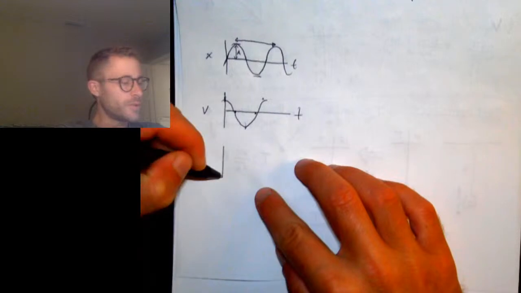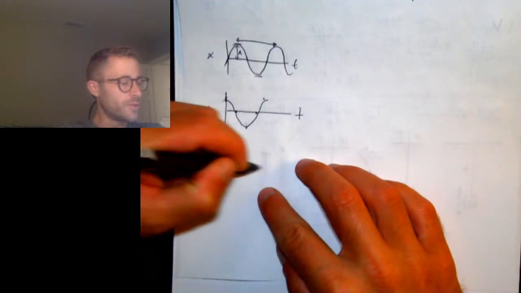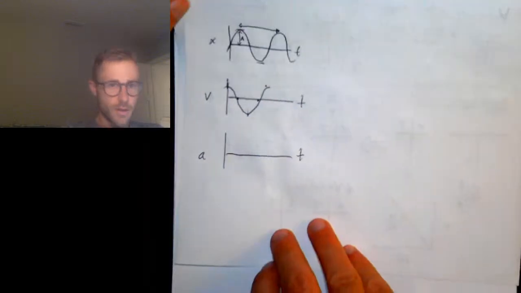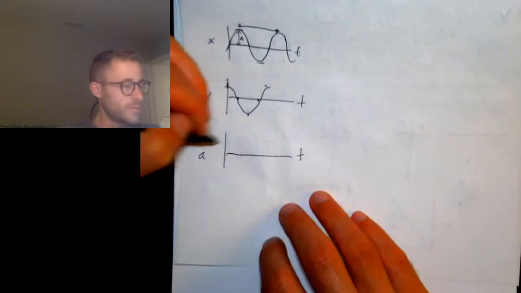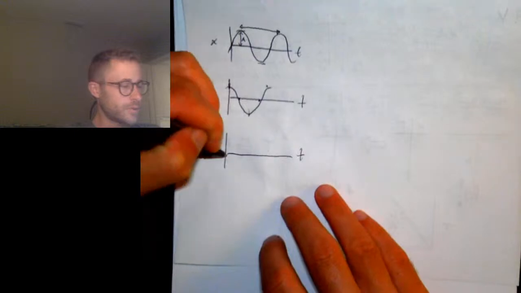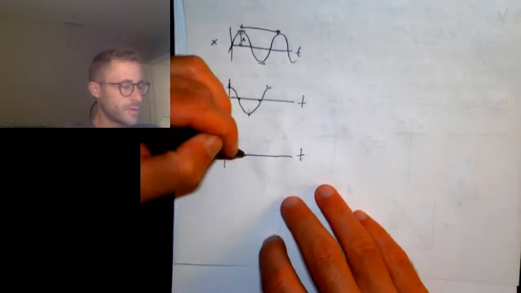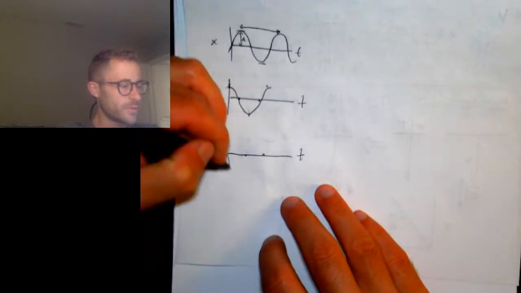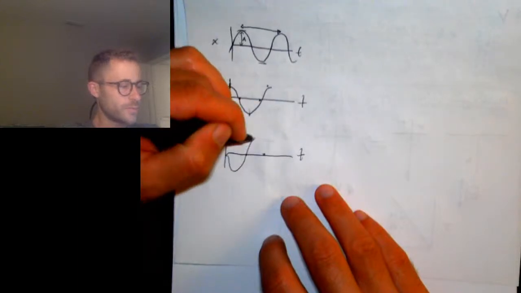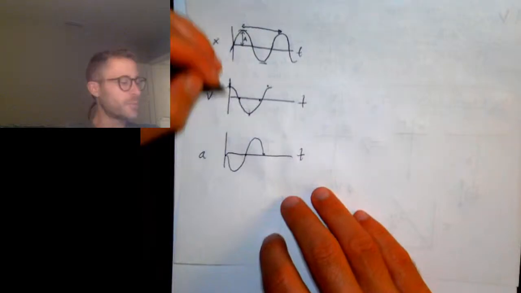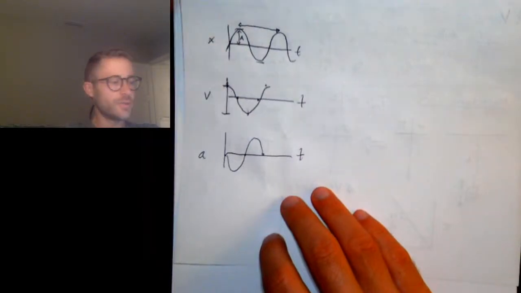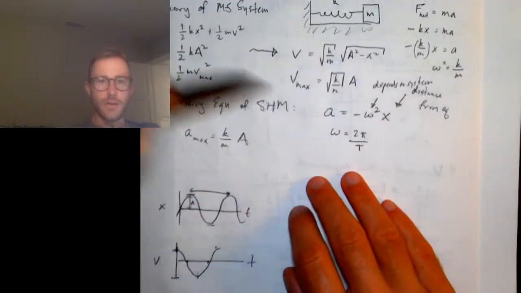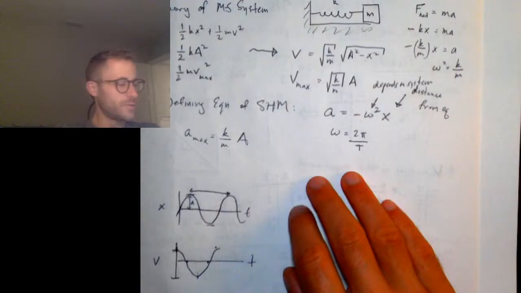And then if you want the acceleration, you just do the same thing again. Acceleration is the slope of the velocity graph. So I have acceleration 0, acceleration 0, acceleration 0, slope negative, slope positive. Boom. And then the maximum values are determined by the A max and the V max equations.